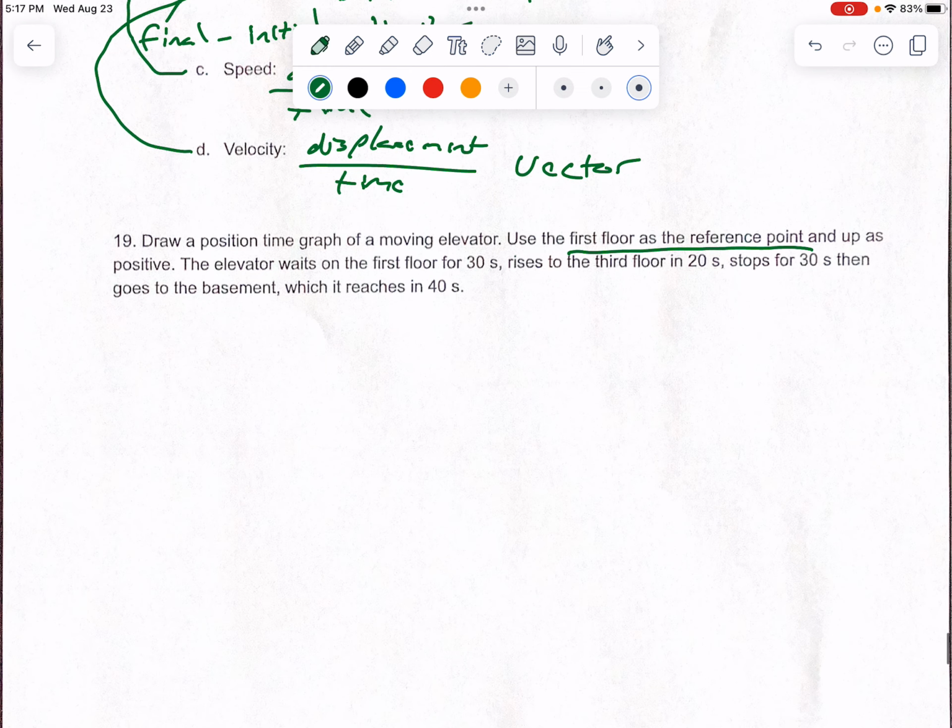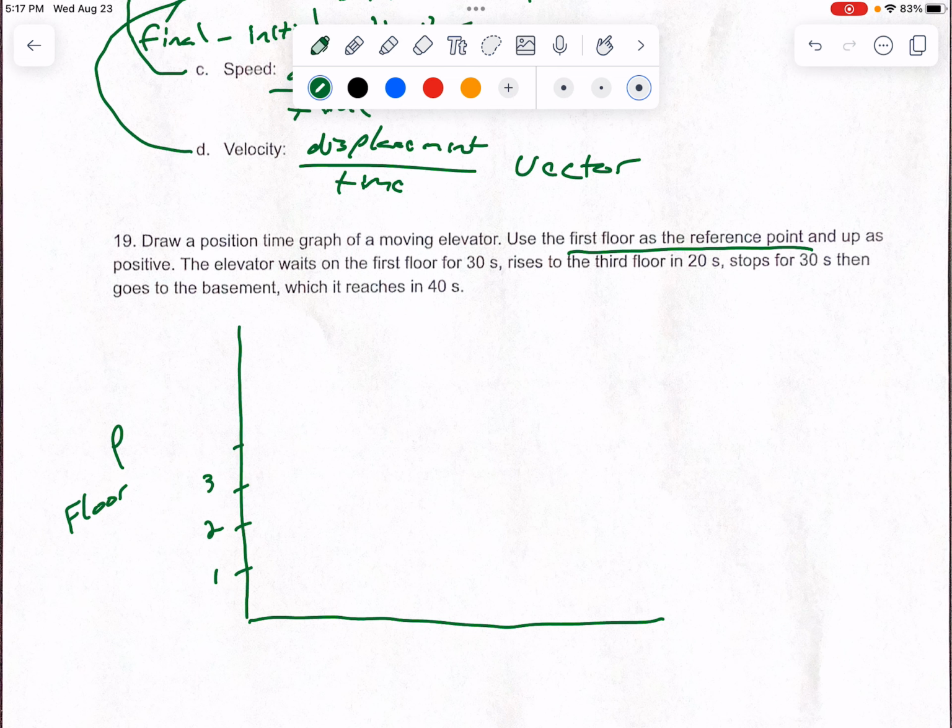So what I'm going to do is draw a graph the best I can on here. That wasn't very good. Okay, so if I go down, like here and over. Remember, your position is going to be over here on your y-axis. We're going to say floors for this one. So we're going to have first floor, second floor, third floor, fourth floor, fifth floor.